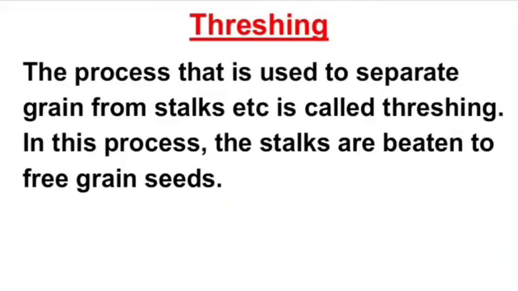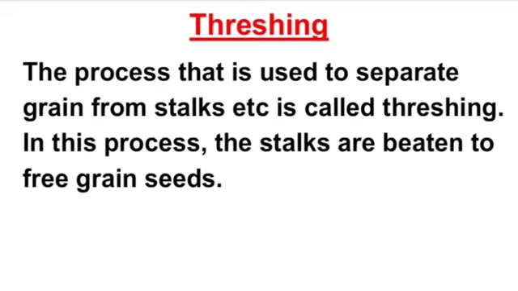Next method is threshing. Now what is threshing? The process that is used to separate grain from stalks, etc. is called threshing. In this process, the stalks are beaten to free grain seeds.